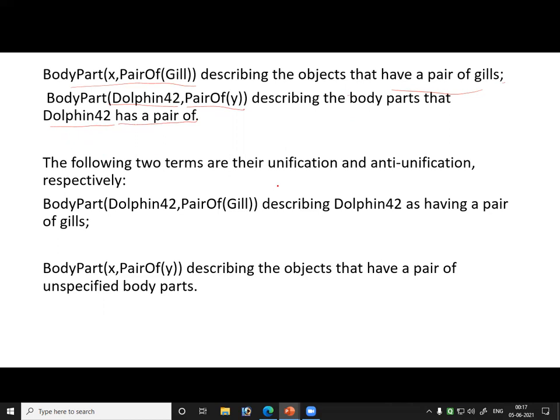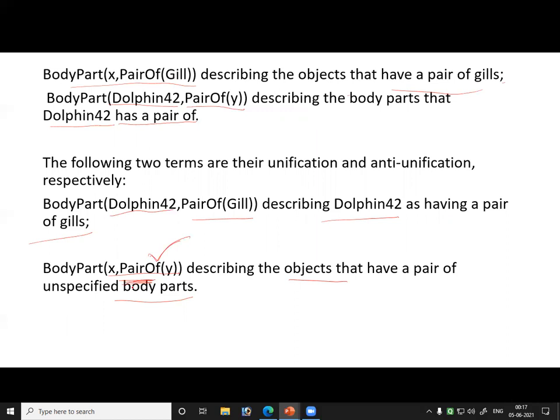The following two terms are unification and anti-unification. Body part of dolphin 42 comma pair of gill describes that dolphin 42 has a pair of gills. Body part of x comma pair of y describes the objects that have a pair of unspecified body parts.